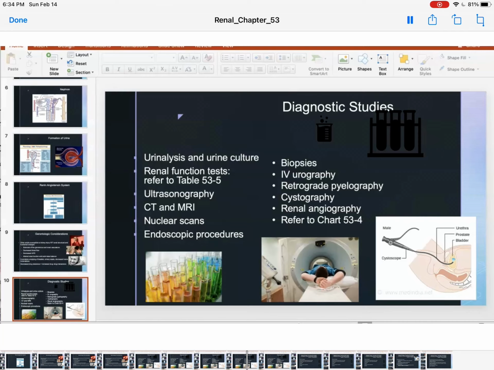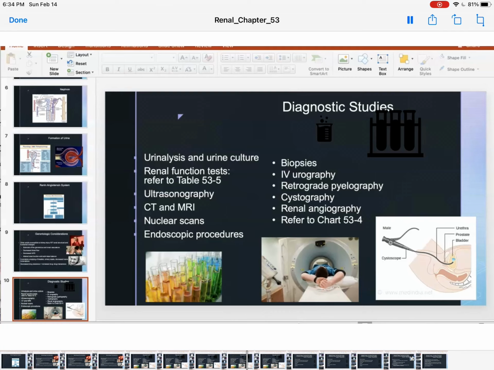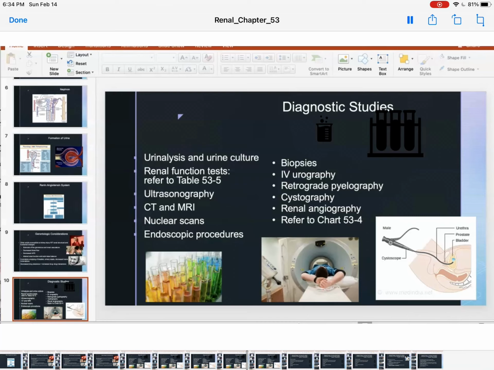That's very popular in the hospital. And then that same chart will go over creatinine levels, BUN, and then the BUN creatinine ratio, which evaluates hydration status.